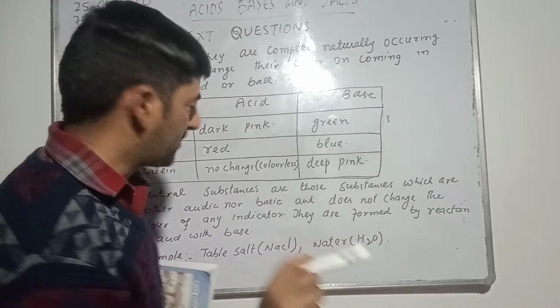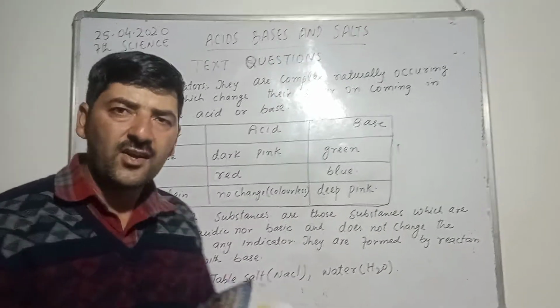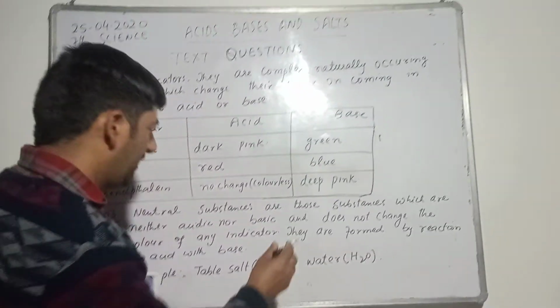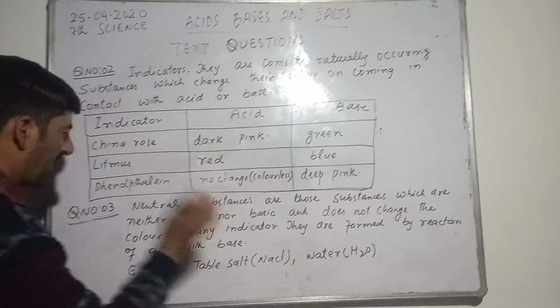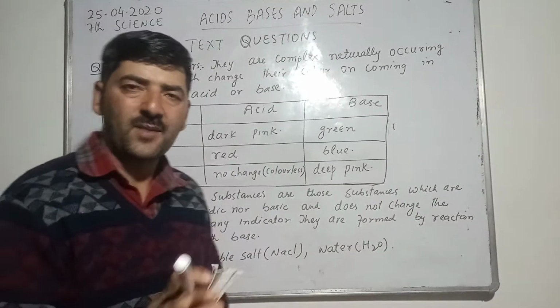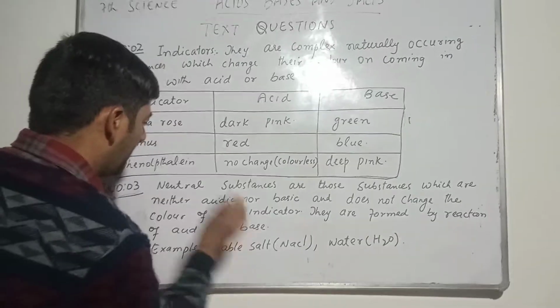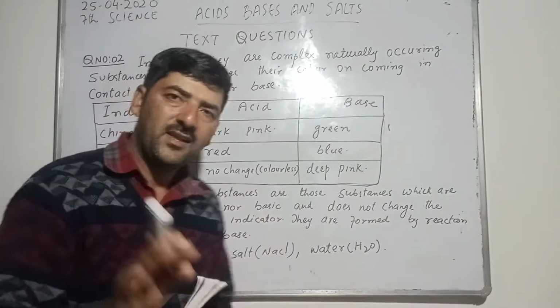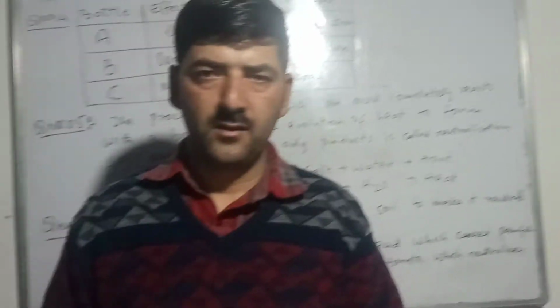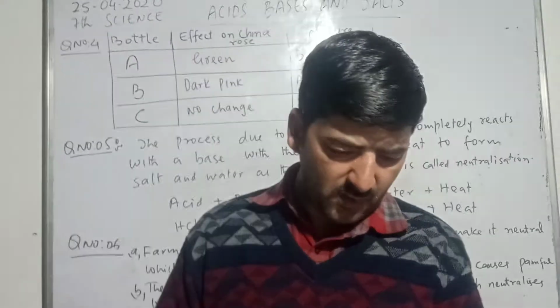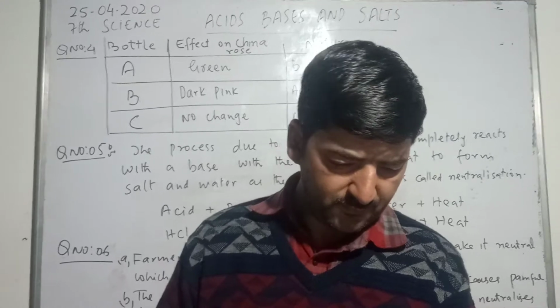So neutral substances are those substances which are neither acidic nor basic and do not change the color of any indicator. They are formed when there is a reaction between acid and base. For example, sodium chloride.